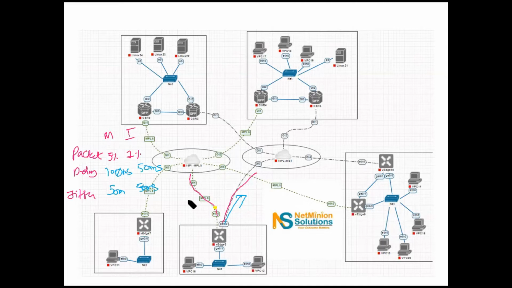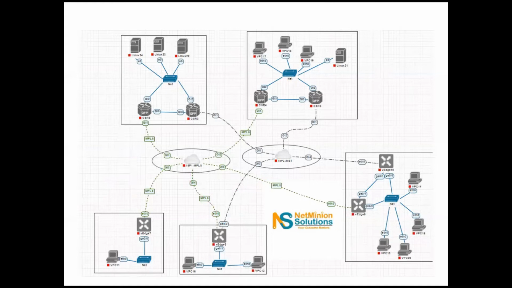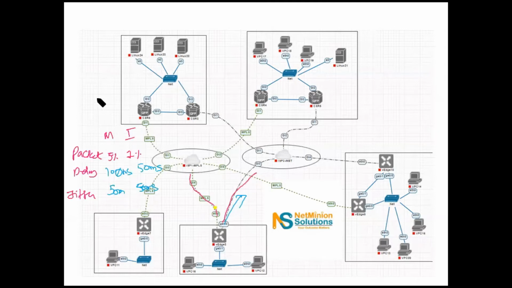So it is not a new technology that SD-WAN is showing you, that we are using AAR, application aware routing. It is nothing new. All of these are old technologies. But what SD-WAN performed is that it simplified things very much.